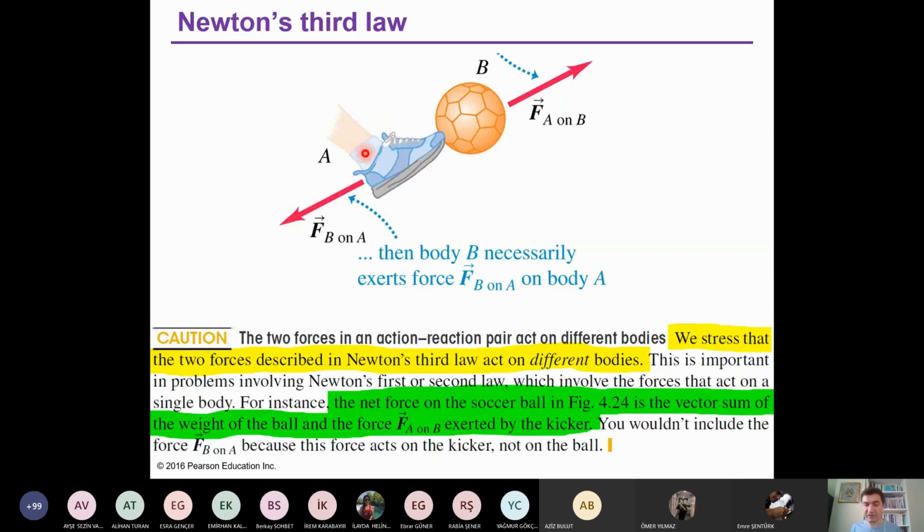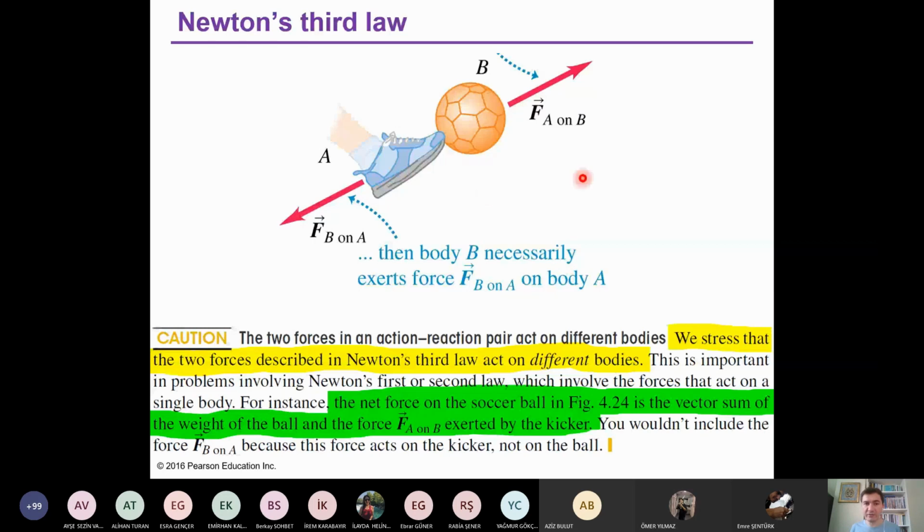Within the questions, you must be very careful. So we stress that the two forces described in Newton's third law act on different bodies. Later on, I will give you some examples on this issue and you will better understand. For example, let's try to find the net force on this soccer ball here. What is the net force on the ball?